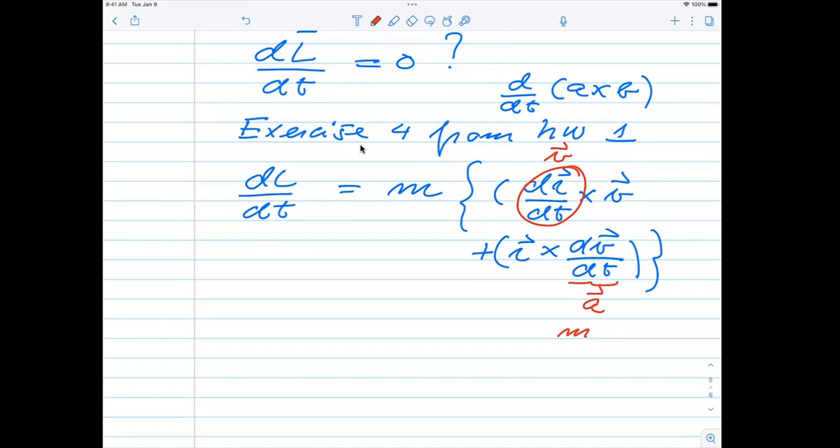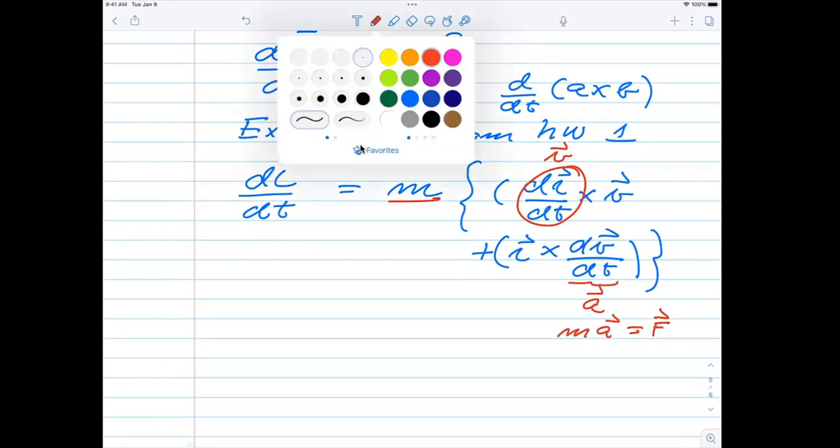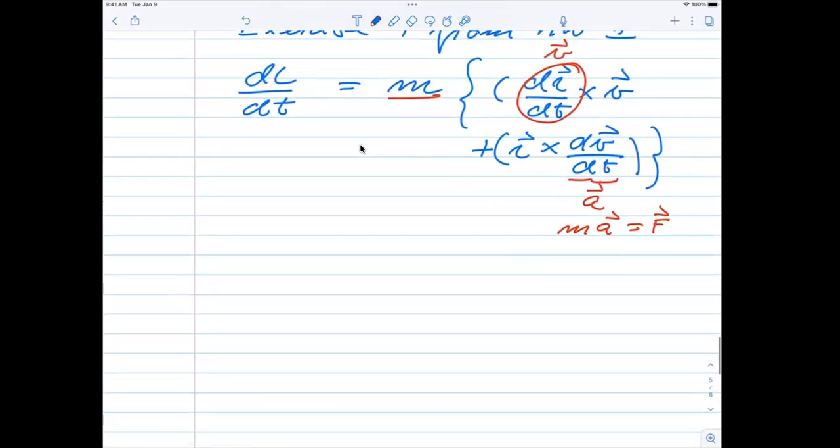So what we have then is m times a from the term here, and that's nothing but the force. So we can rewrite this equation in the following way. We get this is equal to m times v cross product with v plus r with the cross product of F.